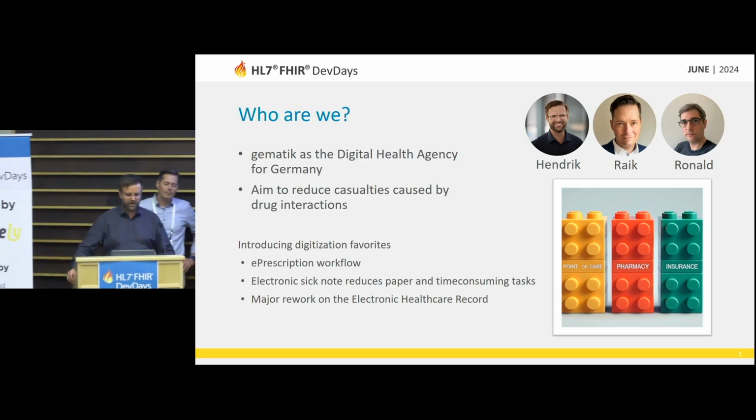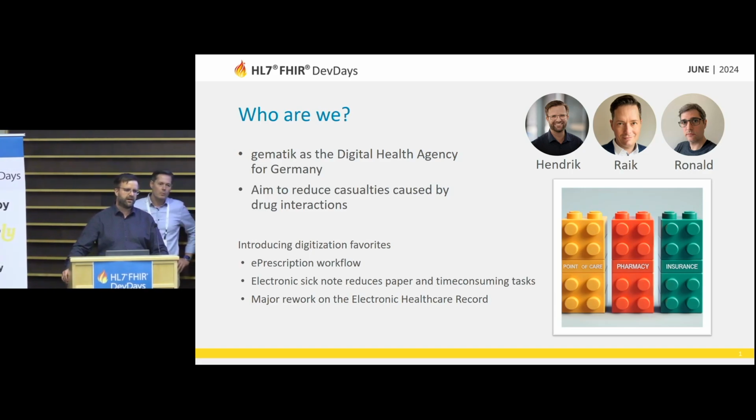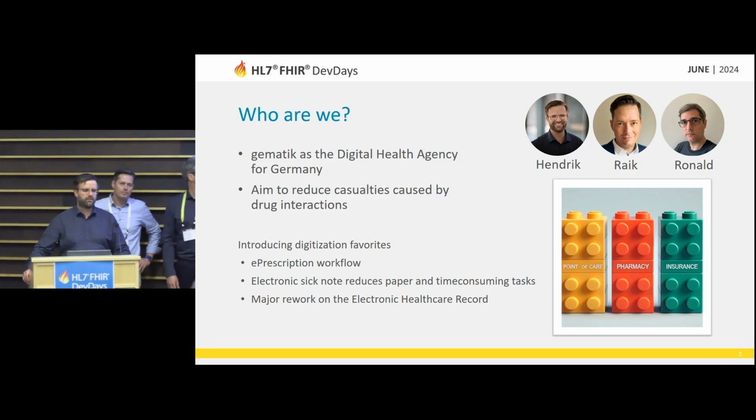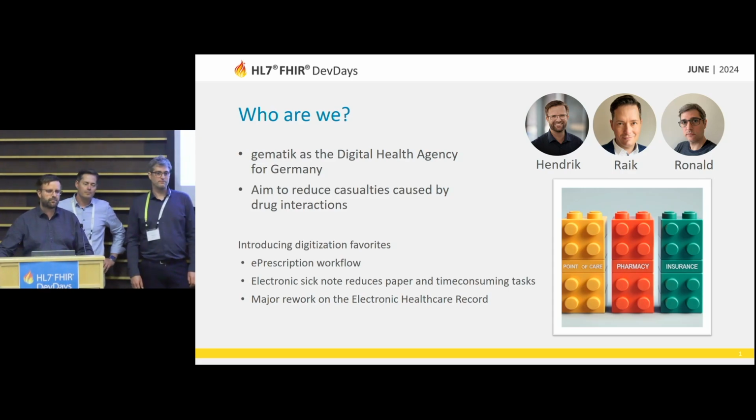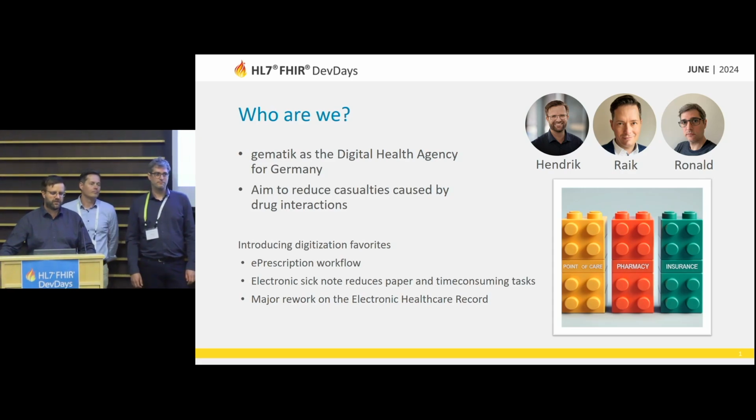So around 1999, the year 2000, there was a tragic incident with a serious drug interaction that caused more than 100 deaths. And for that reason, to overcome these problems with drug interactions, the Gematik was founded. And over the years, we spent much time on several projects in digitization in Germany.